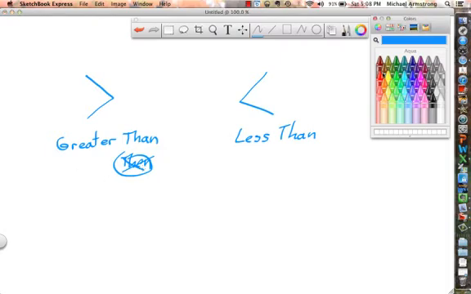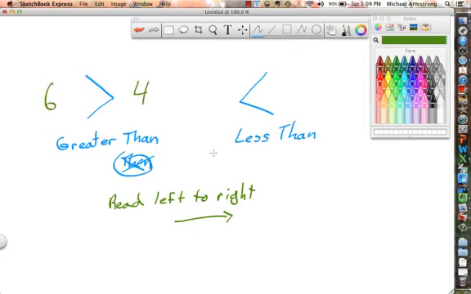Okay, so if we just look at the greater than or less than sign, I know that this is greater than because whenever we read another language arts type lesson, we read from left to right. We read this direction. And we're going to read this the same way. I have 6 is greater than 4.